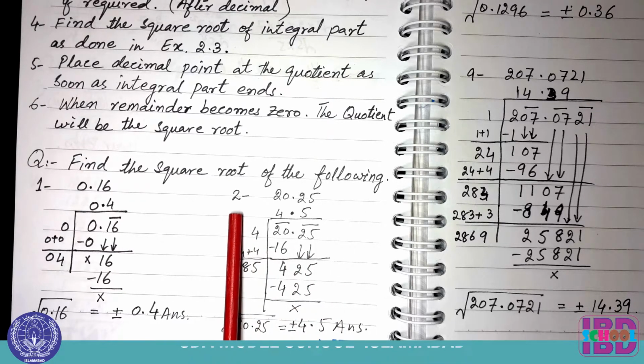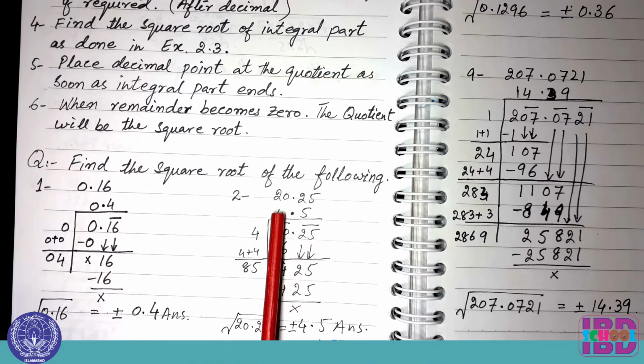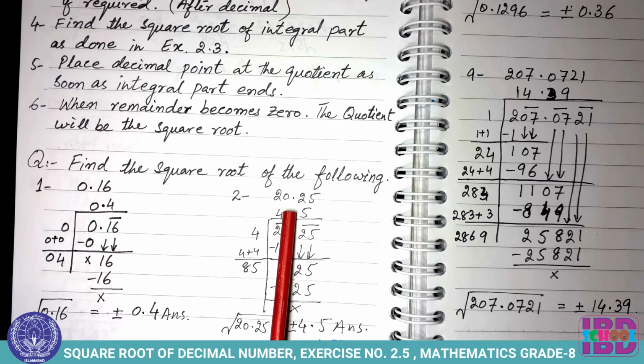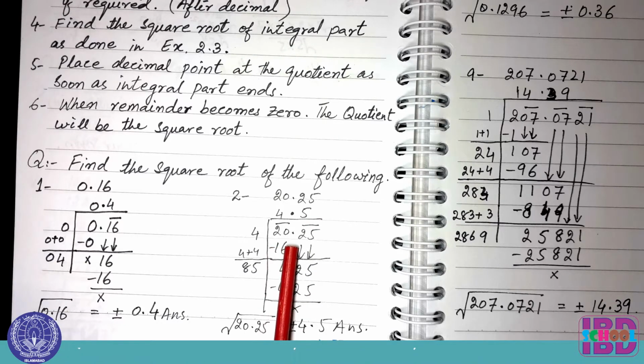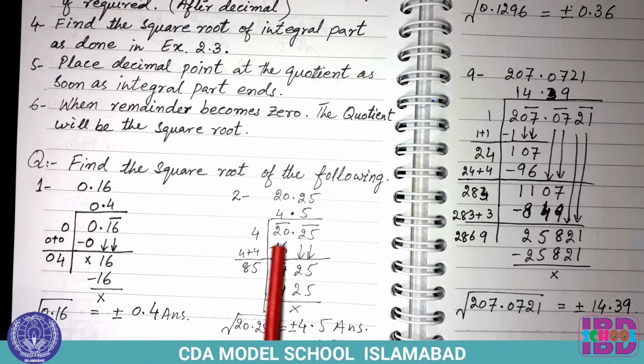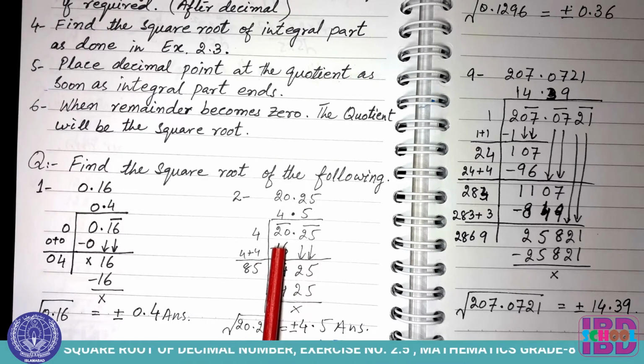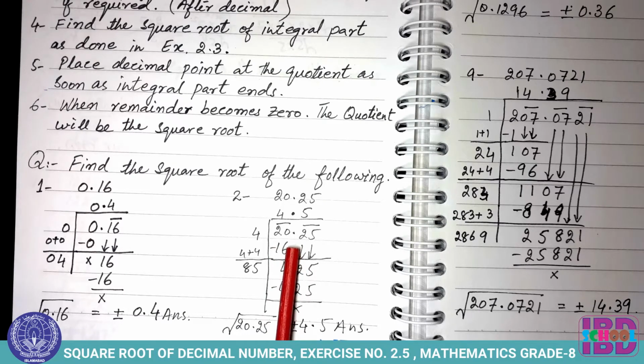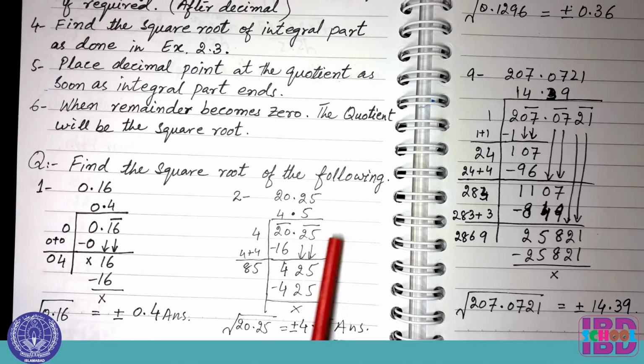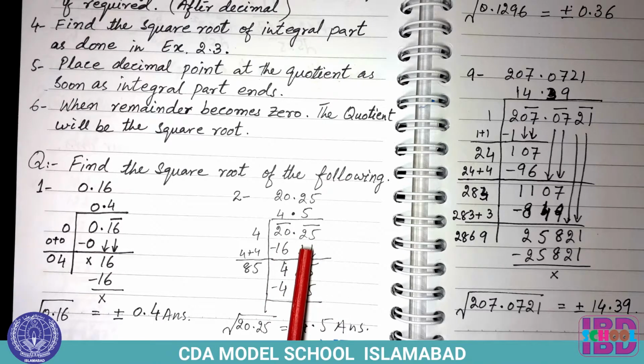Look here, question number 2. The number is 20.25. We make pairs for the numbers before the decimal point from right to left. So 20 is the pair before the decimal. And for numbers after the decimal, we start from left to right and make pairs. And 25 is the pair after the decimal.